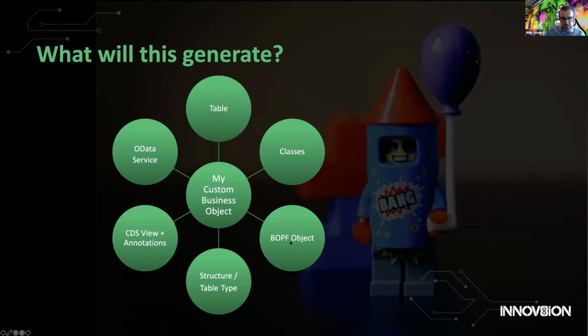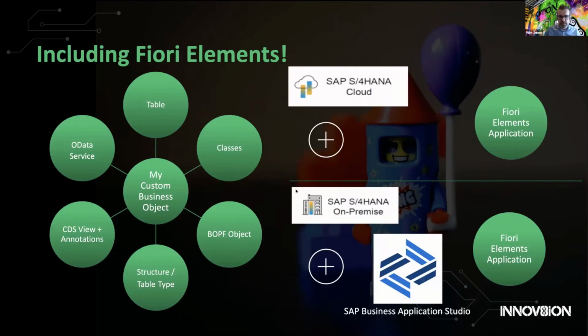So that's all what it generates. So by adding this custom business object, by supplying these parameters, it generates this whole thing for you, which is really awesome. If you do it on-premise, as you see bottom right, we still need the Business Application Studio to make a UI, a Fiori Elements UI on top of that.